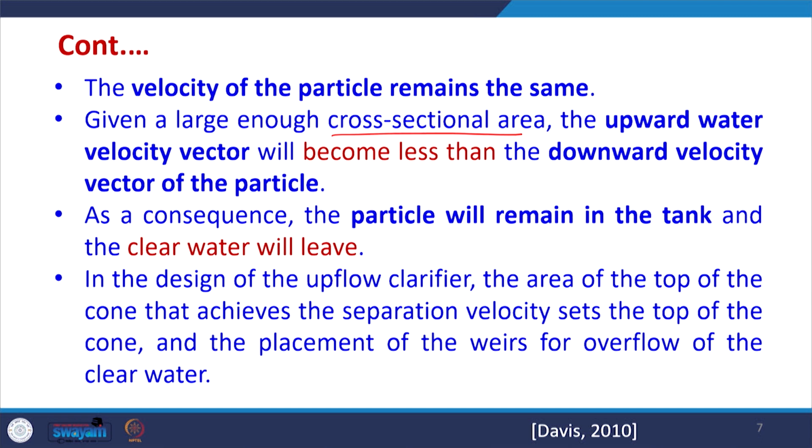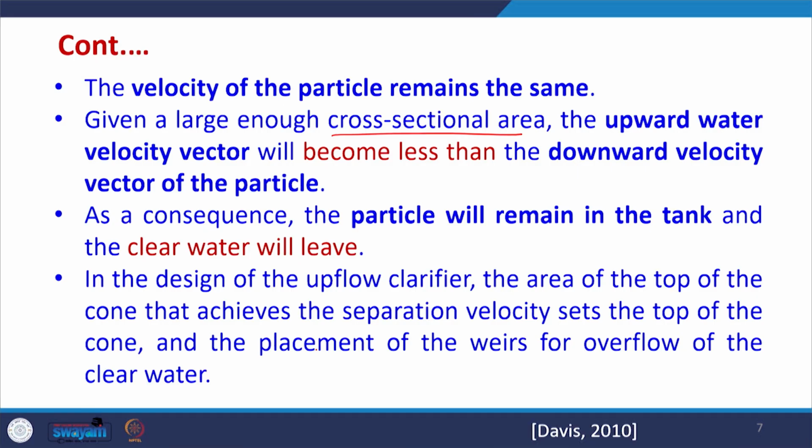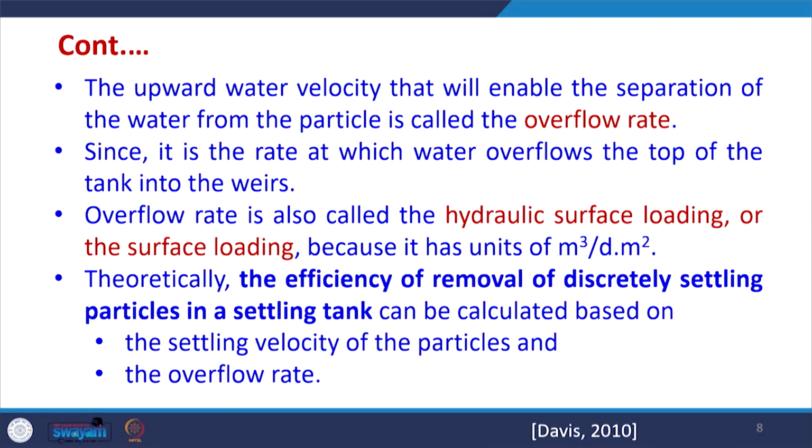Because of this reason, in the design of an upflow clarifier, the area of the top of the cone that achieves the separation velocity is very important, and the placement of weirs for overflow of the clear water is also properly designed and should be clearly noted.